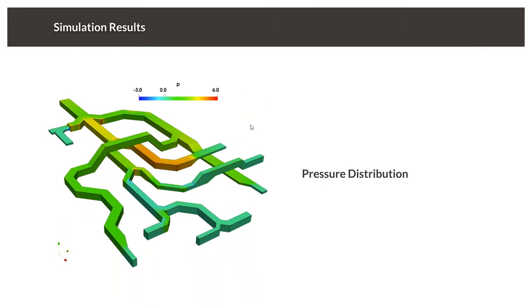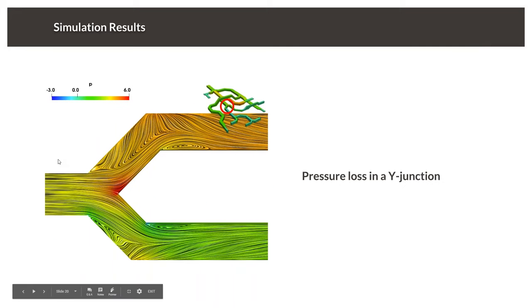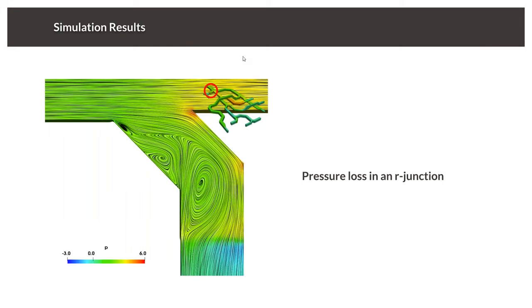This image is showing the pressure distribution outside of the ducting system, and for sure we can also visualize pressure losses everywhere. For example, here we visualize the pressure loss in the Y junction due to flow separation we have here and here. Obviously this shows that there is some potential for optimization, for example, adding a fillet here or something like that.